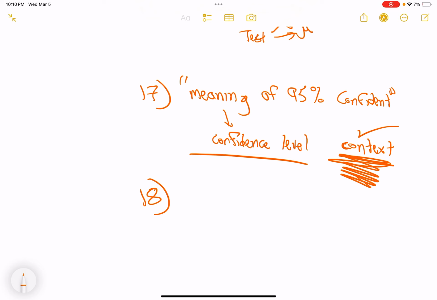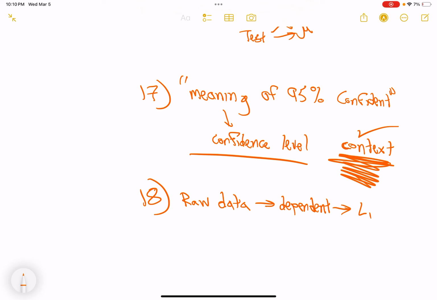18. All right. You will likely need to take raw data that is dependent and put it into L1.